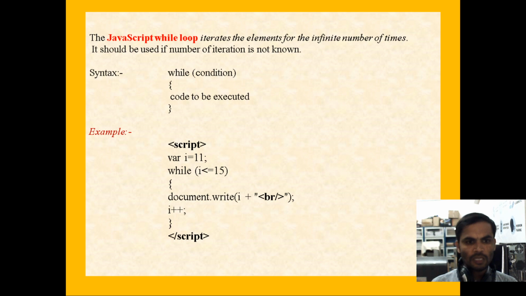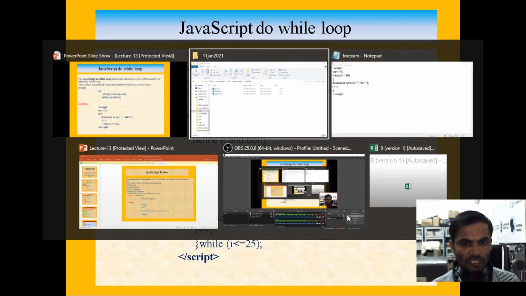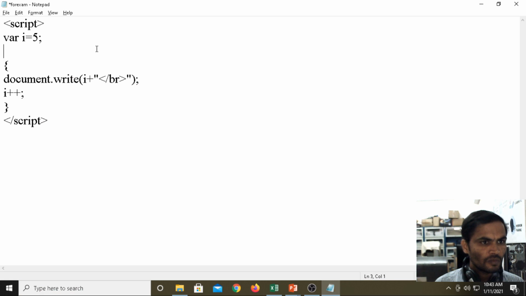Do while is also similar. In the while loop we write the condition first, but here the condition is executed at the last. The same, similar will be there in the same source code. What I am doing is, first I am writing here do, then while i less than or equals to 20.